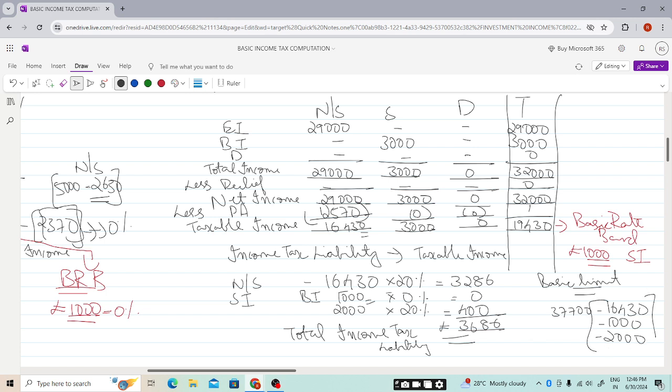So all this will reduce, and your basic rate limit left will be 18,270. This is for your understanding, students. This is not part of the answer. This is only for your understanding.